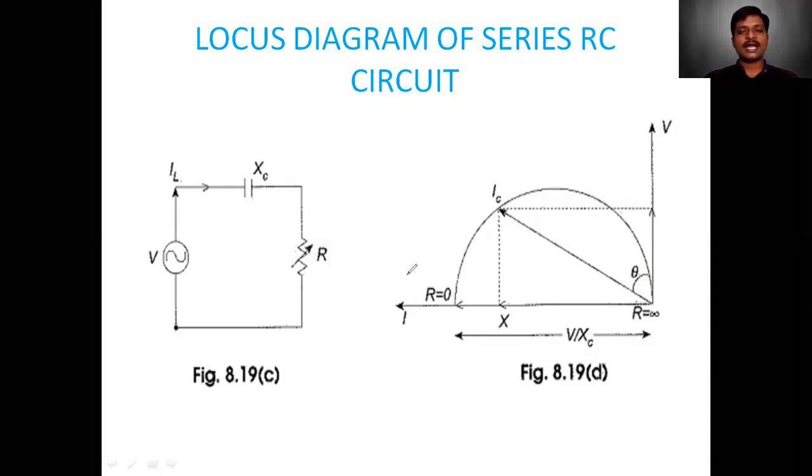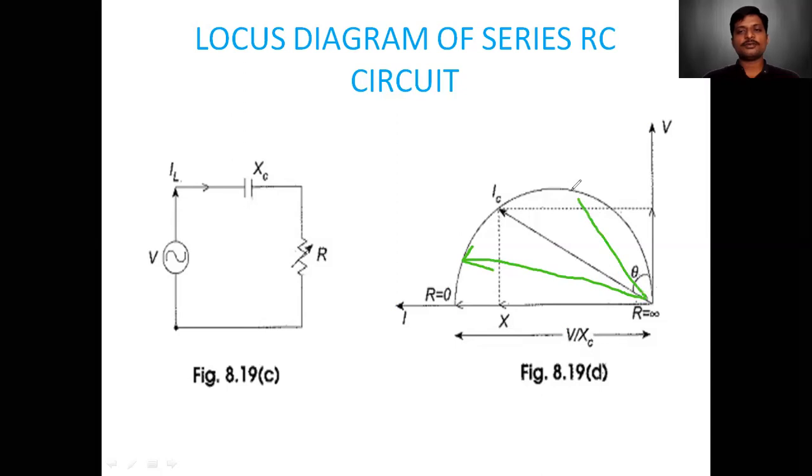So when R is equal to 0 in an RC circuit, current leads voltage by 90 degrees. When R is equal to infinity, voltage and current will be in phase. In between these two extremes, when you keep on changing the resistance, the tip of the arrowhead will vary in this manner.